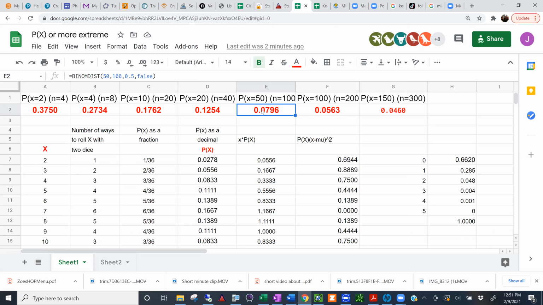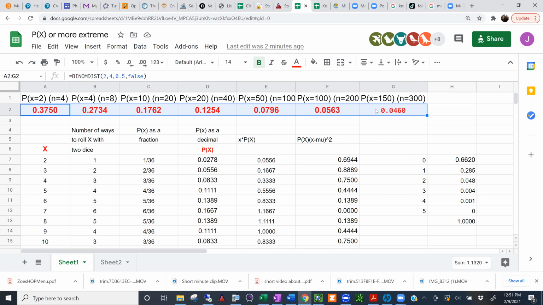No, it's kind of what you would expect, right? Or if you had 100 girls amongst 200 babies, still kind of what you expect. But what's happening to the probabilities as I keep on increasing the number of pregnancies that we're looking at? The probability is decreasing. Yeah, the probabilities are getting smaller and smaller.